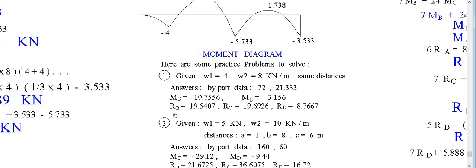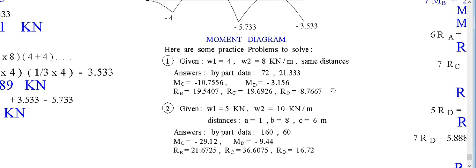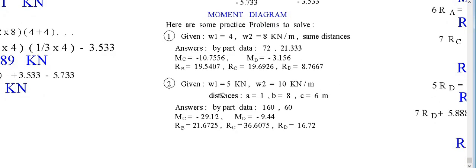The three reactions RB, RC and RD. Okay. That is example 1. Example 2, the same. Replace W1, W2, then the distances, replace that also with this. Answer this one.